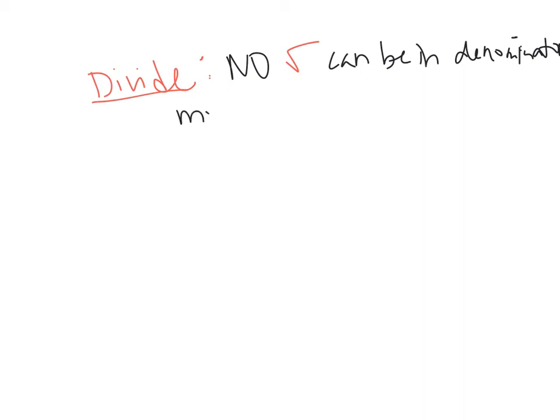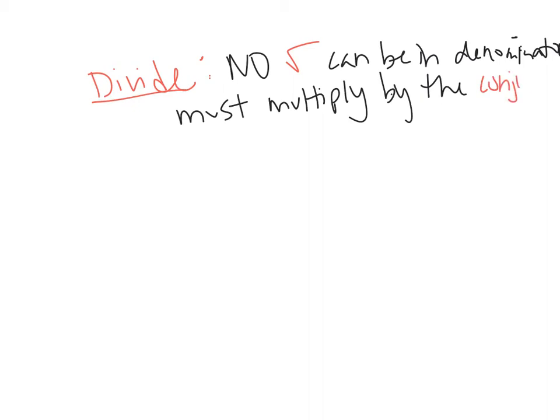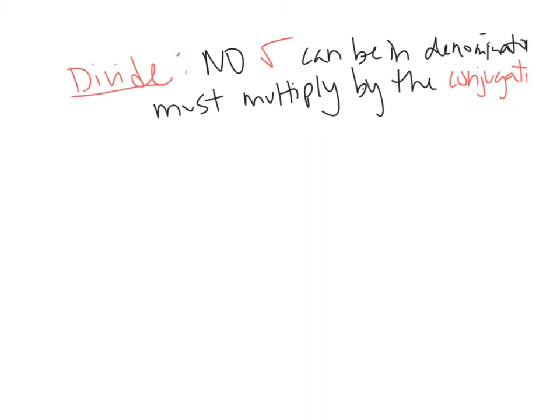So we must multiply by what's called the conjugate. Conjugate, big fancy word, all it means is change the sign, and I will show you an example of that.